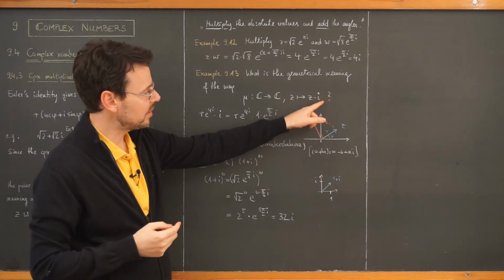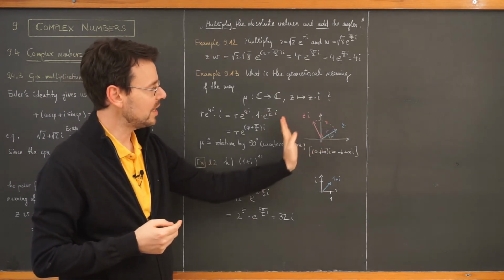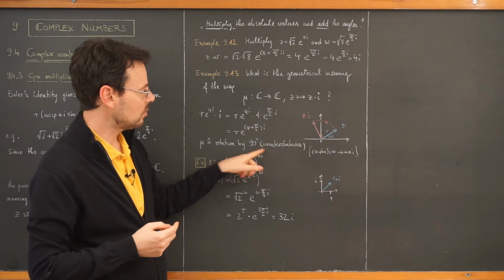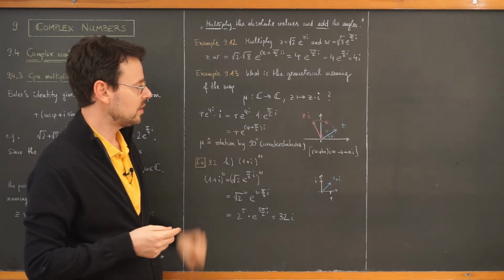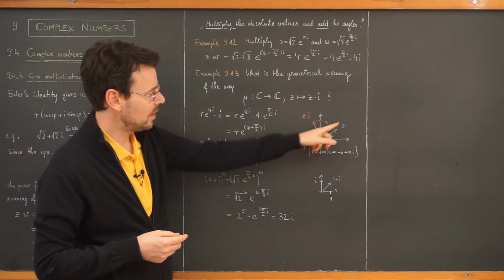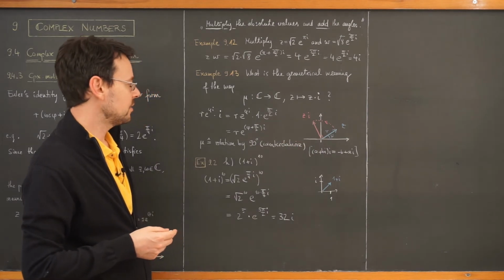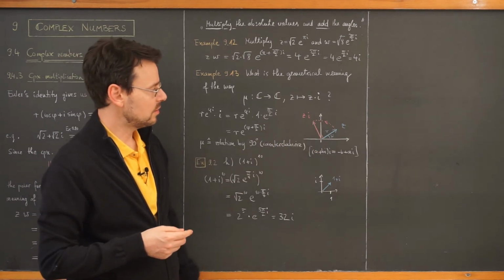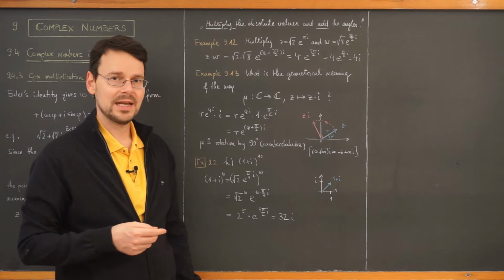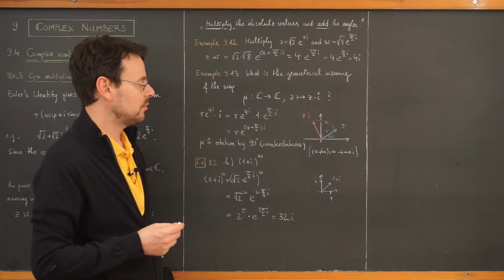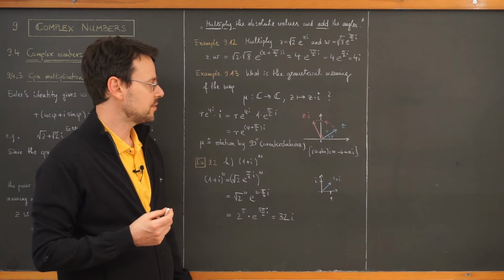So, multiplying by i simply rotates the arrow counterclockwise by 90 degrees or pi over 2 radians, and the length is unaltered. And this is, for example, very useful in electrical engineering when dealing with alternating current circuits.